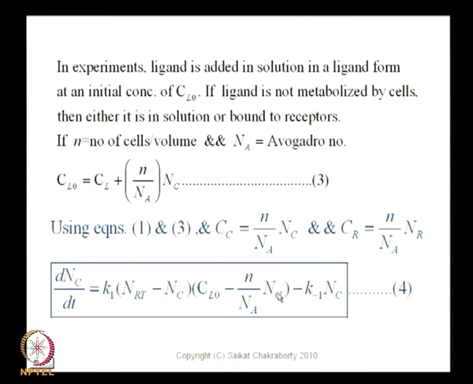What I want to do to this equation, and I want you to do this on your copies, maybe you write down this equation, and unless you do this quickly, you will not be able to follow what I am trying to say. So, write this equation: d/dt of Nc equals k1 nRT minus Nc times Cl naught minus n over Na Nc minus k minus 1 Nc. Done?